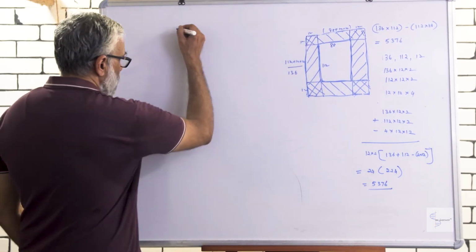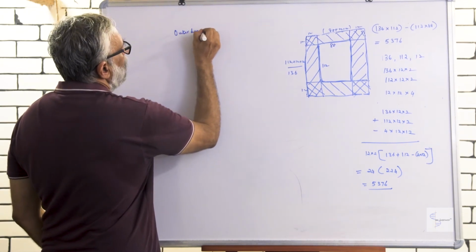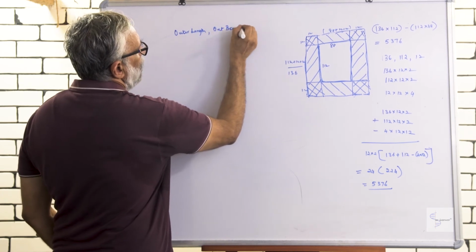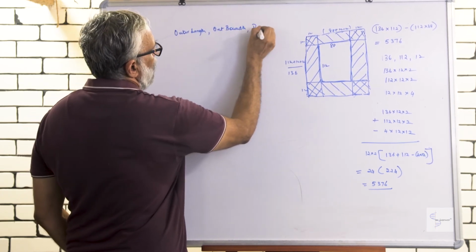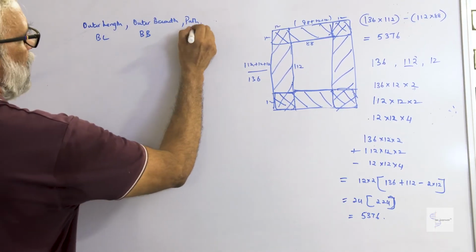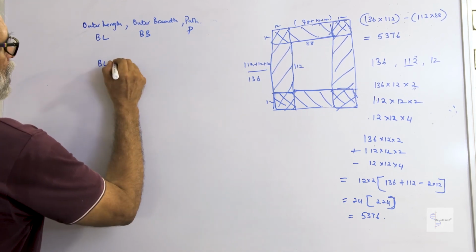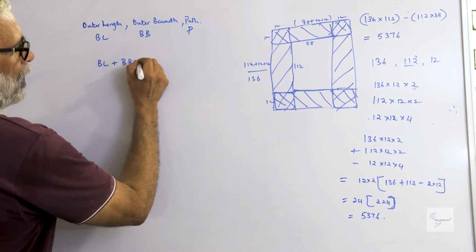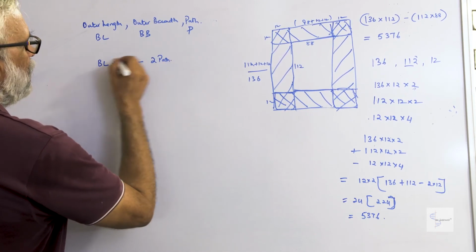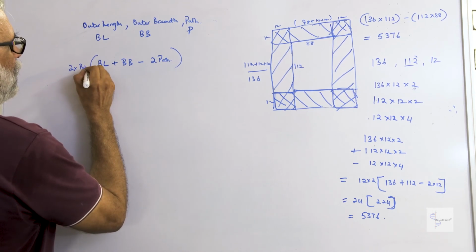So to generalize, if outer length is given and the outer breadth is given and the path size is given, bigger length and the bigger breadth and the path size, it is 2 into path into bigger length plus bigger breadth minus twice the path.